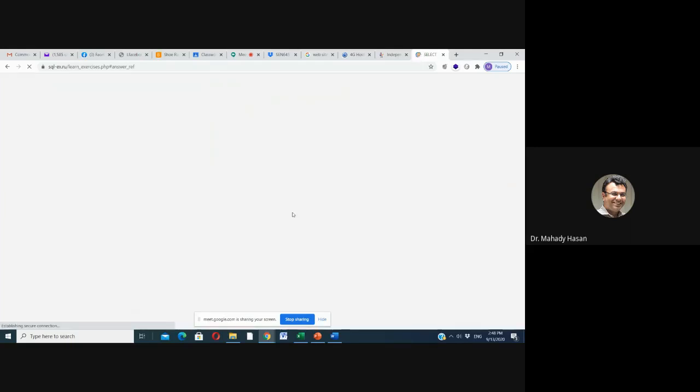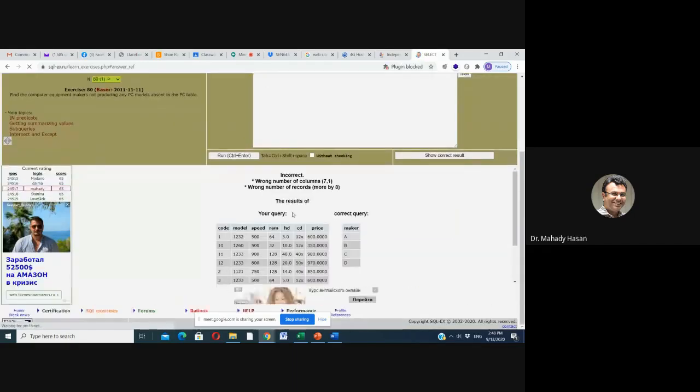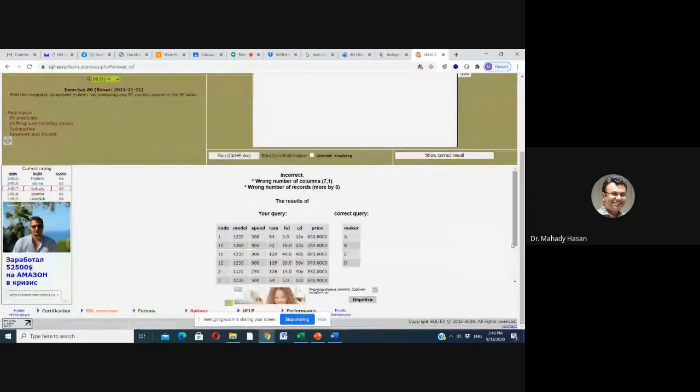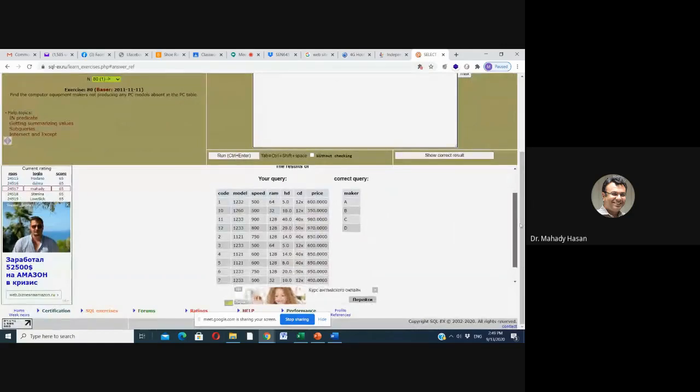The problem with this particular website is the performance in terms of time. The response time is slow. So here we have the PC table.